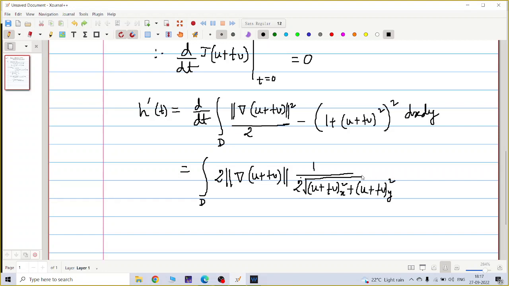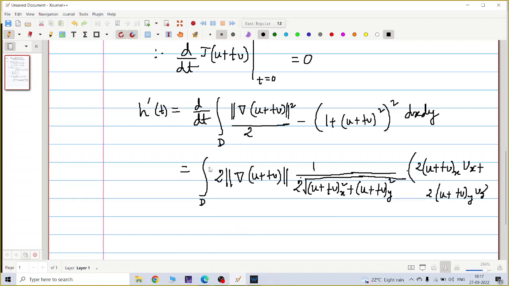And into the derivative of the term inside this square. This is just the chain rule. Since I am differentiating, now this is the first term.